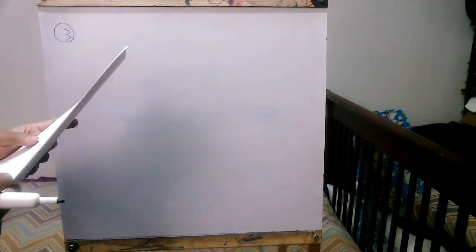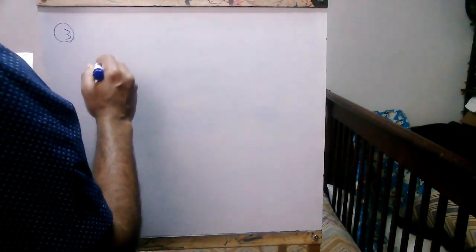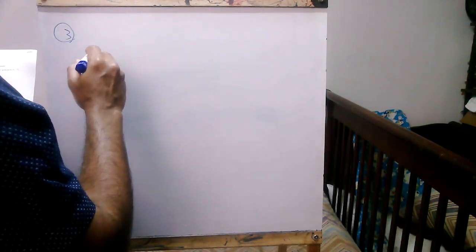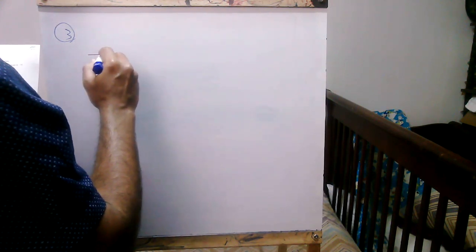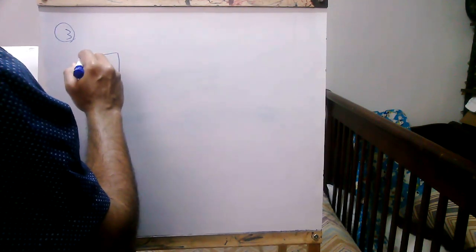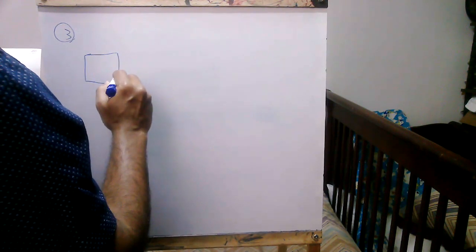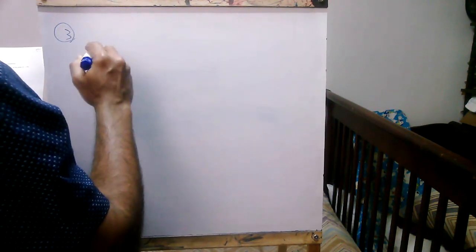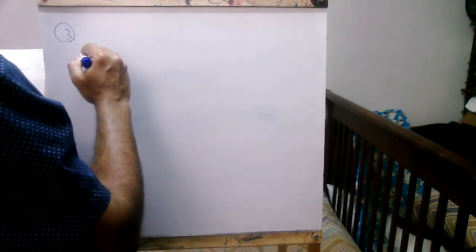What is the instantaneous rate of change of the surface area of the cube in square centimeters per second when its side is 3 centimeters? I'm drawing a cube, but you don't have to draw a cube.